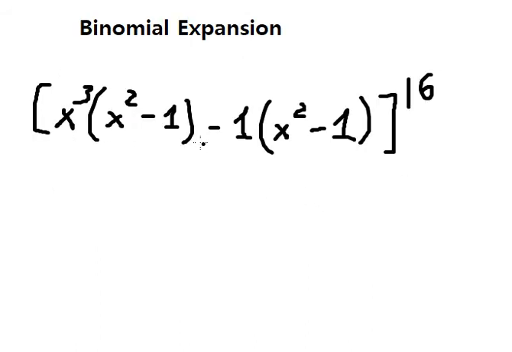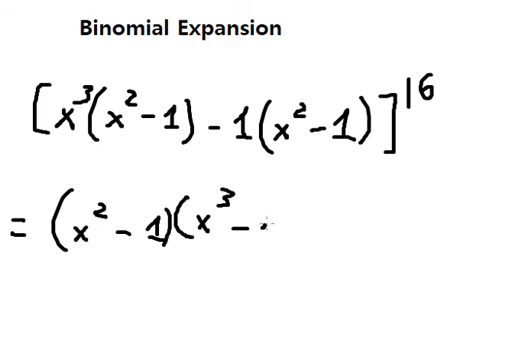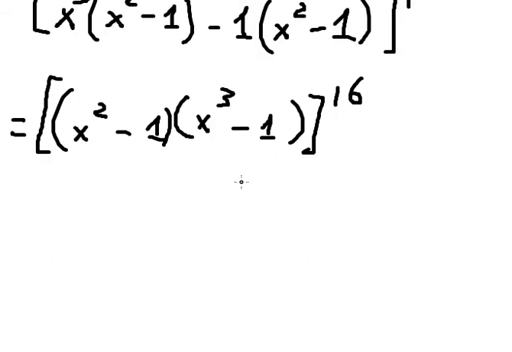So s squared minus 1, we can do another factorization. So we know that the number 16 will distribute to this one and this one. So we can put it like this.